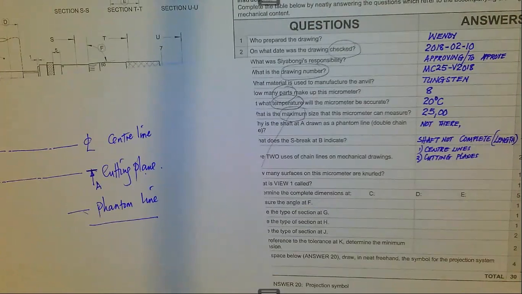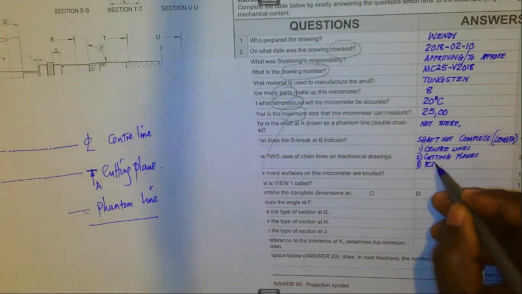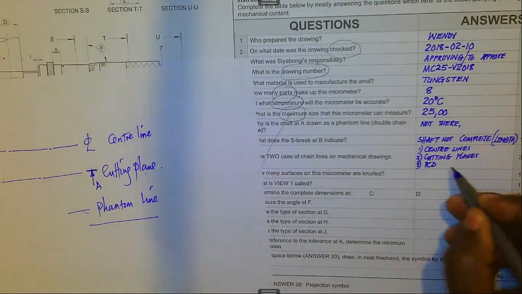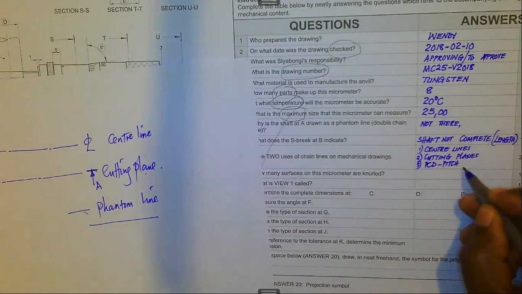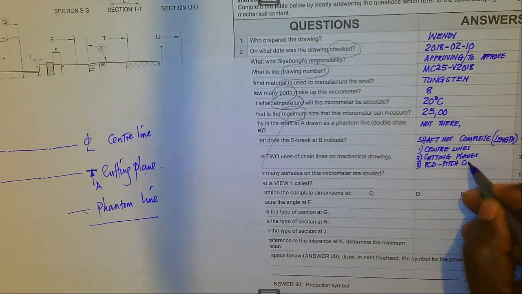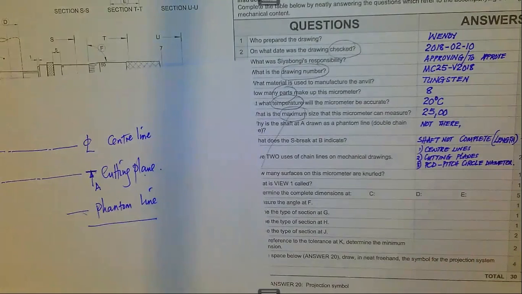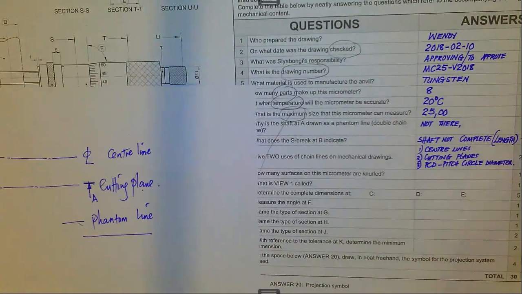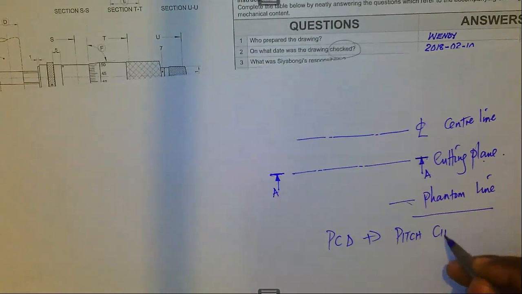We can also talk about PCDs, that is the pitch circle diameter. Again, in analytical questions, you may be asked what PCD stands for. That's the pitch circle diameter.